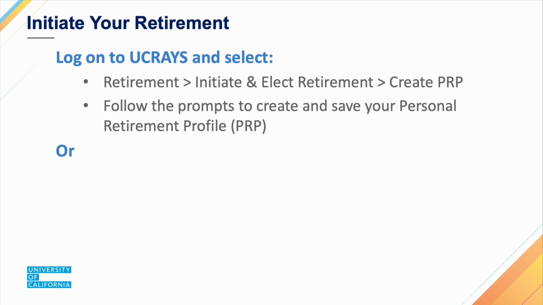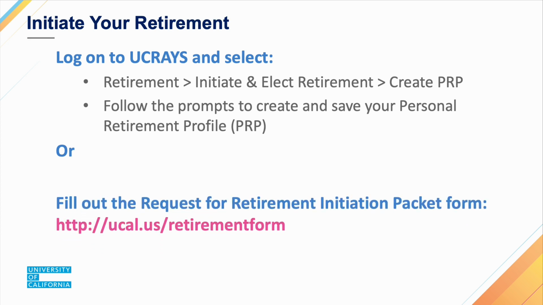Now, if you're unable to use UCRaise or if you encounter any issues, you can contact RASC or complete and submit a request for retirement initiation packet. And that will initiate your retirement process manually, and you'll receive a PRP. That'll typically come through the UCRaise messaging and possibly a hard copy packet mailed out to you.